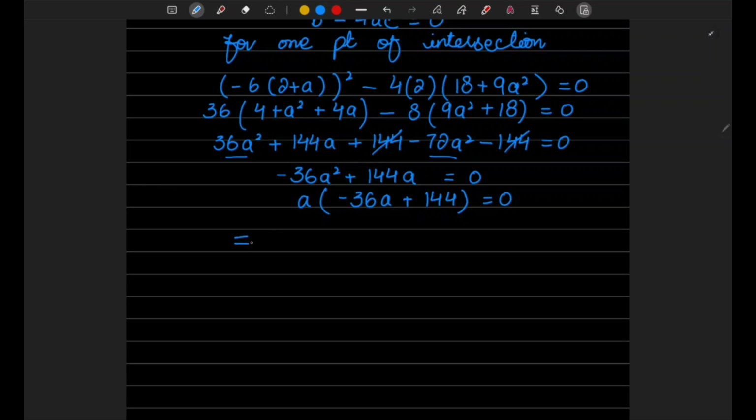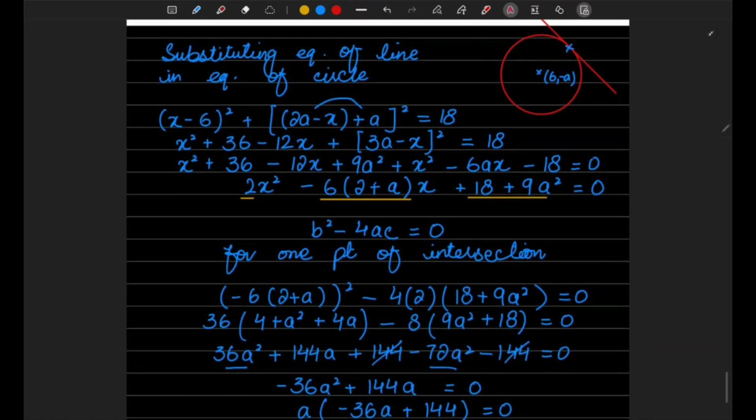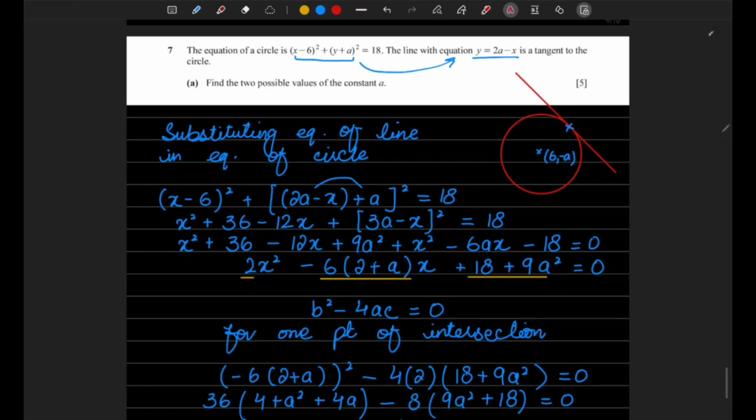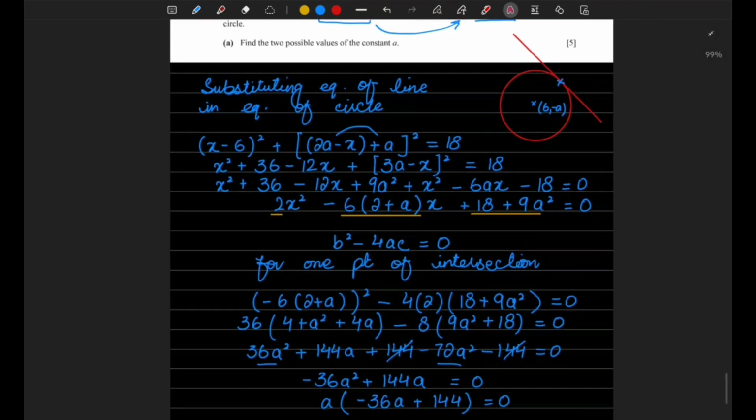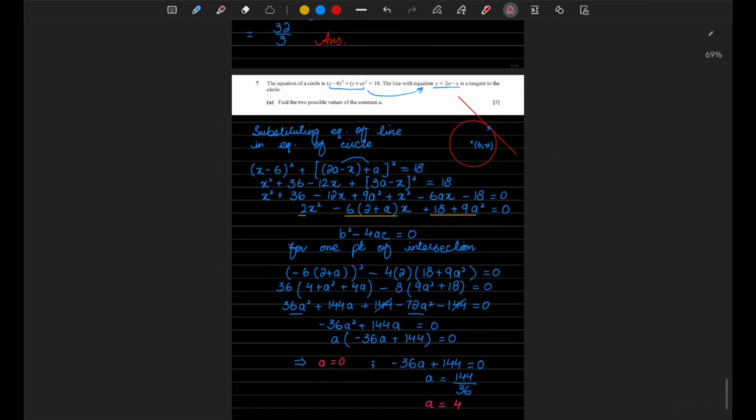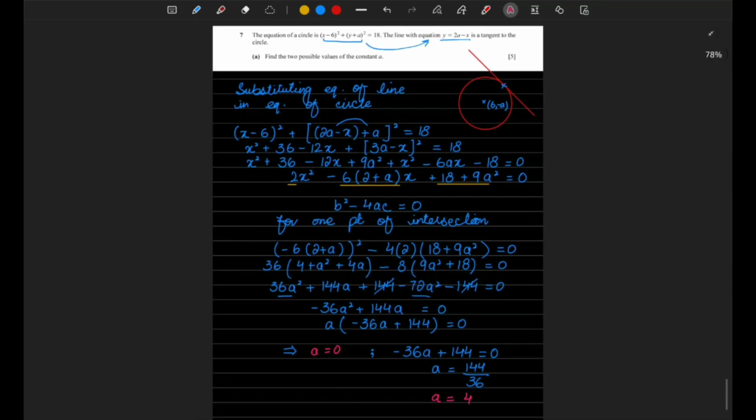So either a equals 0 or minus 36a plus 144 equals 0. That implies a equals 144 over 36, that is 4. So we get two values for a, and this is what they asked: find the two possible values for the constant a. This is your whole working for question 7, part A.